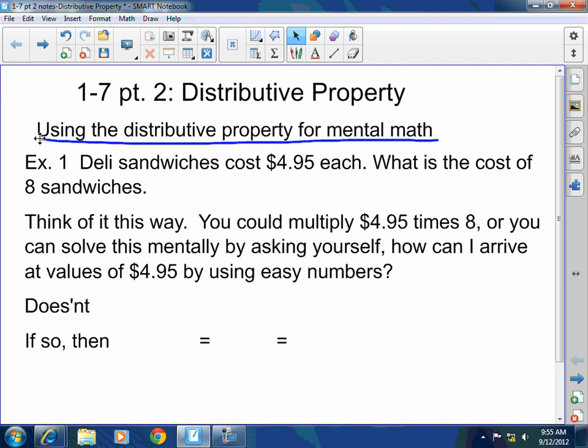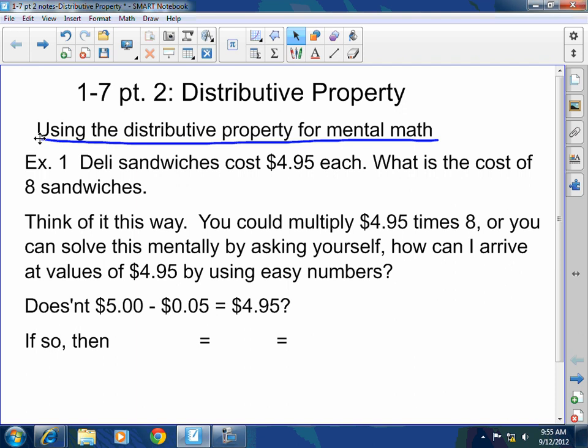No, 4 times 8 is not going to get you $4.95. Guys, doesn't $5 minus 5 cents give you $4.95? Then why are you telling me 4 times 8, 8 times 1, 4 times 1?